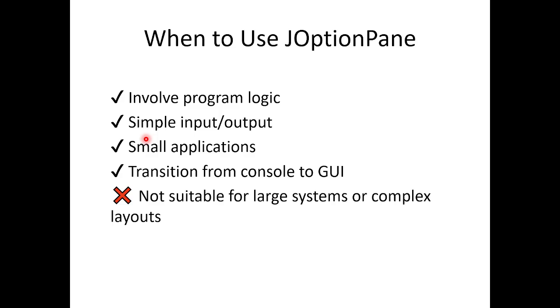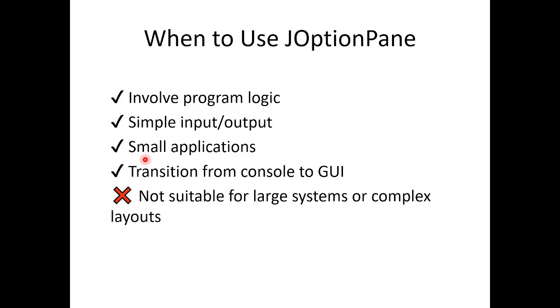The program works with simple input or output variables or processes, and the GUI only works for small applications. You cannot use this JOptionPane for advanced GUI, for GUI that has many functions.